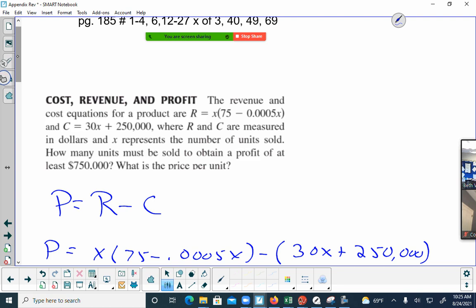So which one did you use? Did you use the revenue or the cost? You know what, it's a trick question, it doesn't matter which one you use. So we use the revenue, I'm going to stick with using the revenue. I'm going to have to do this twice. I'm going to put 40,000 in, I'm going to put 50,000 in.